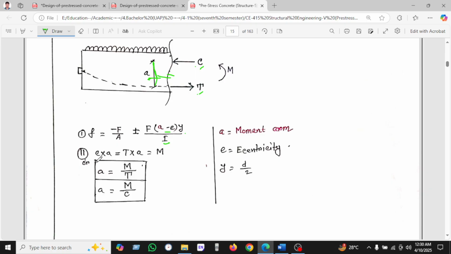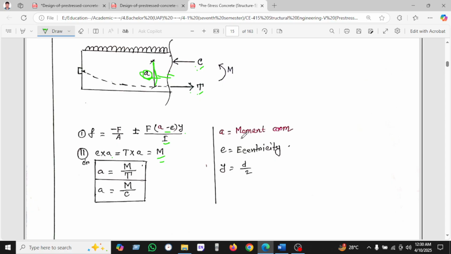So we can see C into A equals T into A. So we can call this moment also. So A is a moment, as you know here from this diagram, is eccentricity and T is due as usual. So what is coming from this? The coming from external is here.